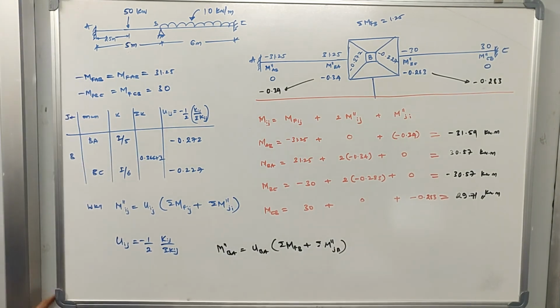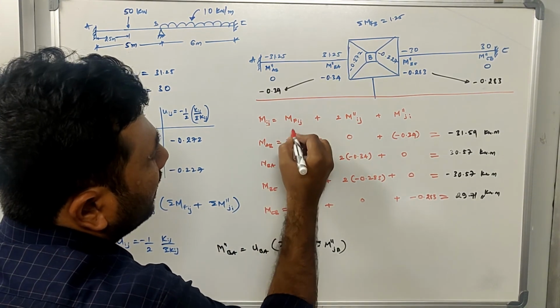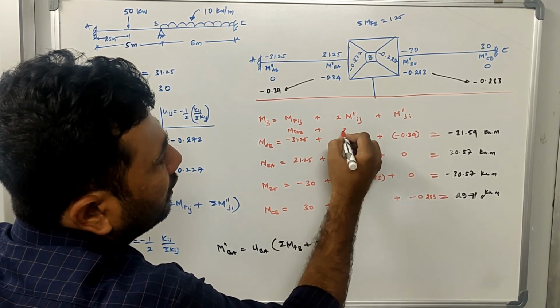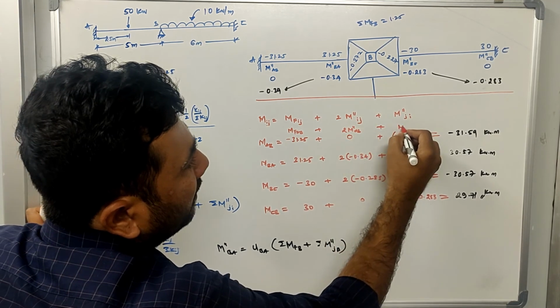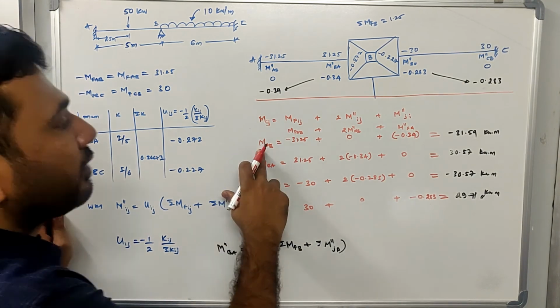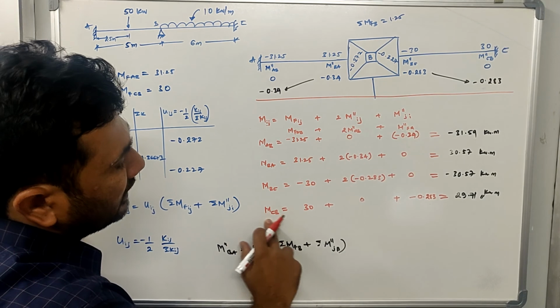Now I'll quickly write down MFAB. If I'm calculating MAB, I would write it as MFAB plus 2 times M double dash AB plus M double dash BA. So this is the equation to calculate MAB. Similarly, you can write for MBA, MBC and MCB.